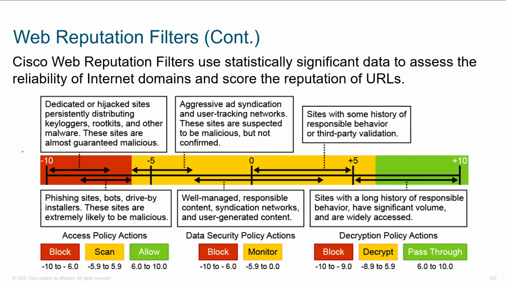You'll notice that there's a -10 on the left showing us the most hostile conditions, and then we've got a +10 on the right showing us the most trusted sources. I would imagine Cisco.com for one, right? We of course want to connect there. We want to grab all of our software updates, our definitions and so forth. When we're talking to something that's known good, we may want to pass the traffic.